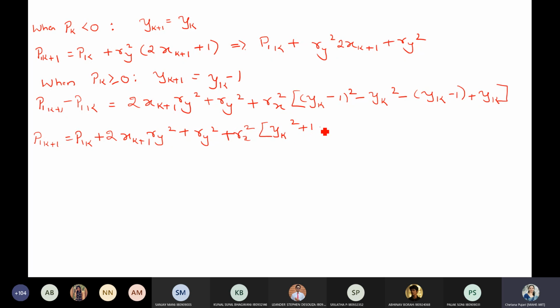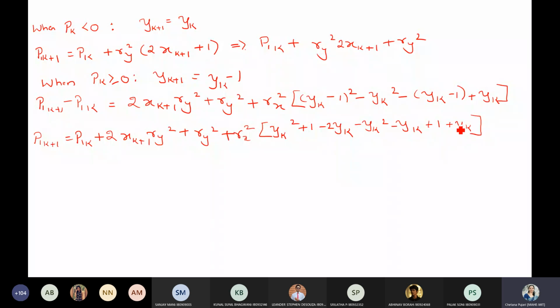Plus 1 minus 2 yk. Similarly, just open this bracket, this yk square minus yk, this will become plus 1, and plus yk.